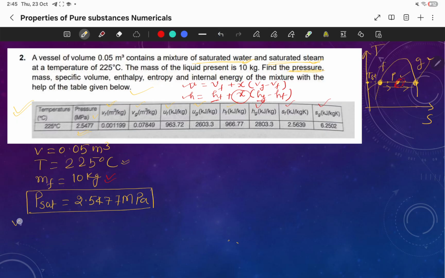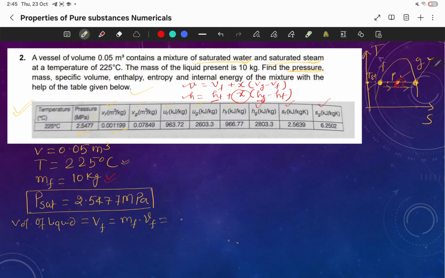Let's write it here. Volume of liquid, Vf, will be equal to mf into specific volume. It is given in the question, right? Vf is this much.